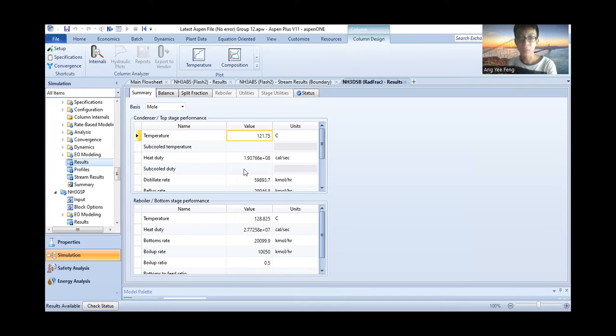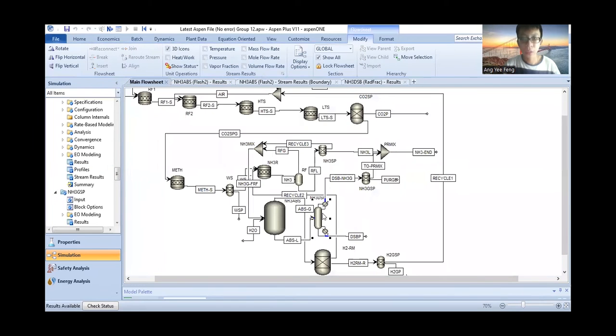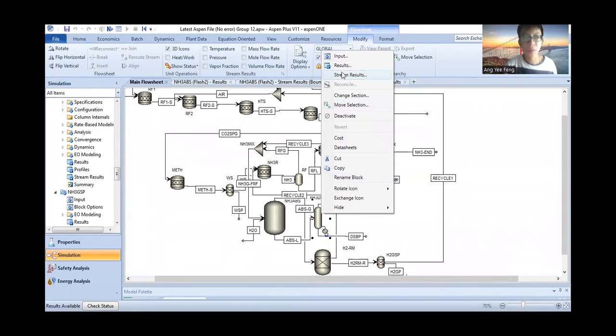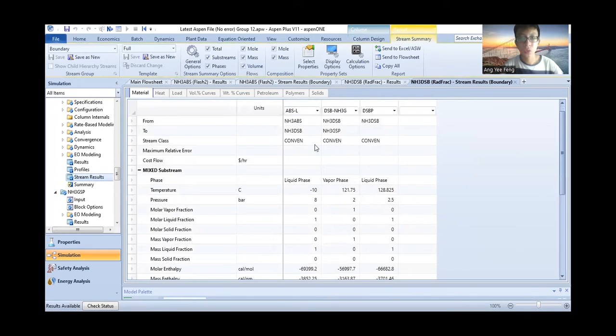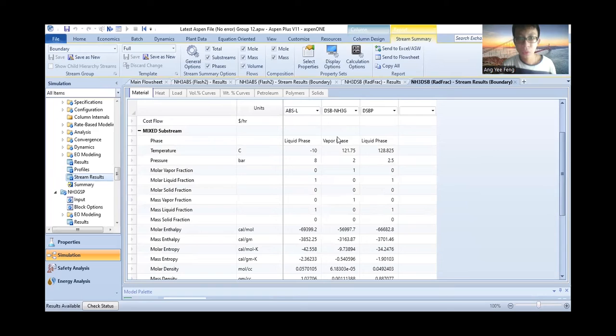It contains a condenser and also a reboiler. The working temperature for the condenser in this case is 121.75, and the bottom temperature for the reboiler is 128.825. The working temperature shouldn't be far from these two conditions. The outlet temperatures for the water and liquid phase are 121.7 degrees Celsius at 2 bar and 128.825 degrees Celsius at 2.5 bar.